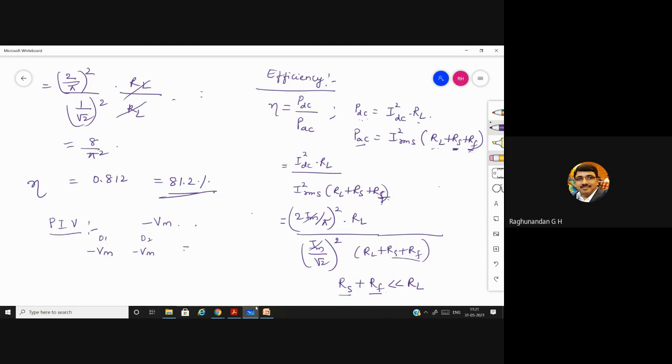So totally the peak inverse voltage will be minus 2 Vm. Okay, minus 2 Vm. So minus indicates reverse voltage or inverse voltage.